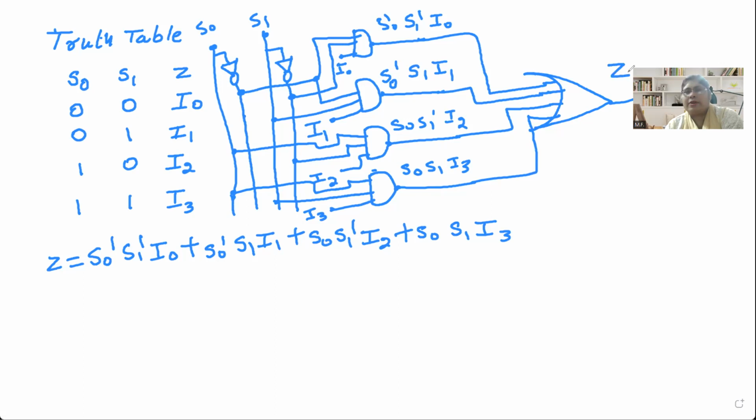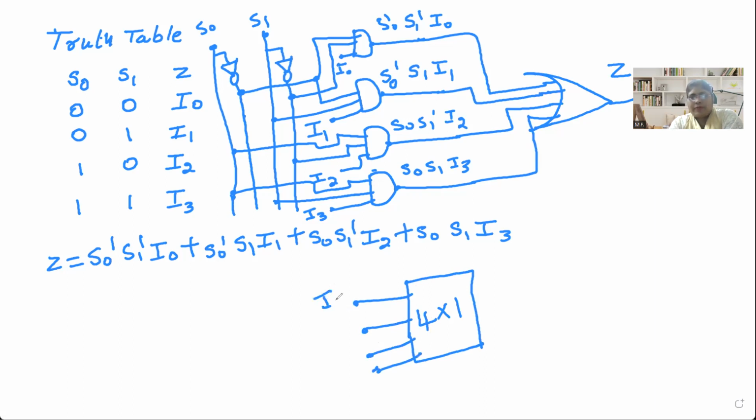So this is Z. So see, this is the logic diagram of the 4:1 multiplexer. Although we can draw the block diagram also. This is the 4:1 where inputs will be 4, I naught, I1, I2, and I3.